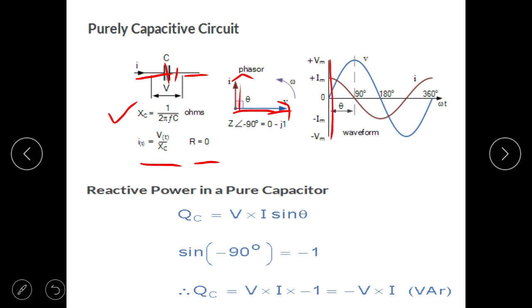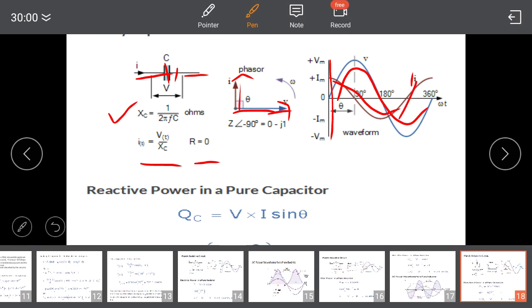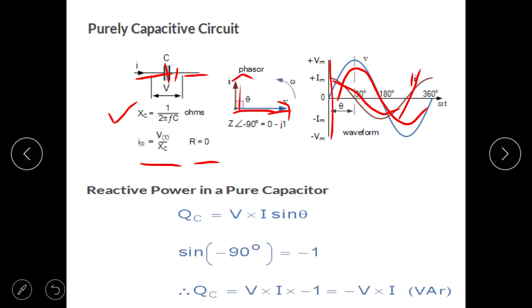So in this waveform, the current is leading the voltage by 90 degrees. So reactive power in a pure capacitor is Q, that is VI sin theta. So theta is equal to minus 90 degrees, and sin of minus 90 degrees is equal to minus 1. So Q is equal to minus VI var.